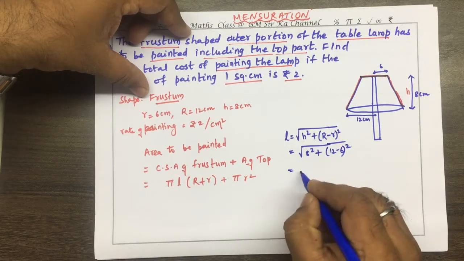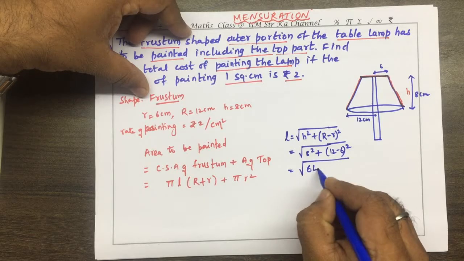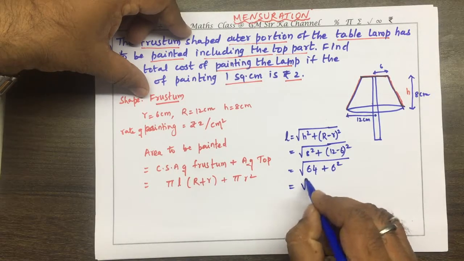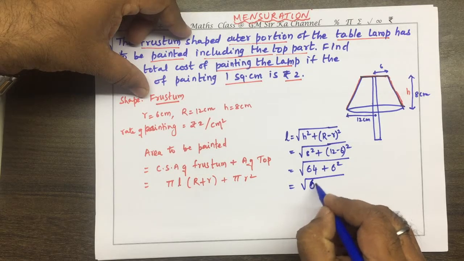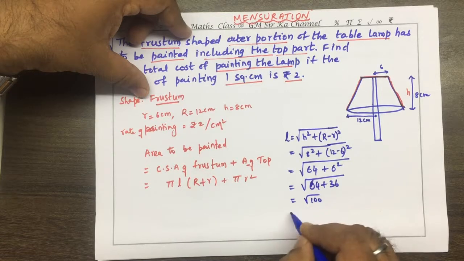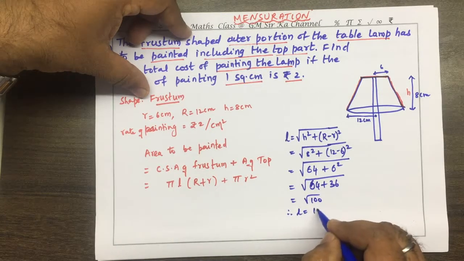Again it is square root of 64 plus 6 square, which is square root of 64 plus 36, square root of 100. Therefore L equals 10 centimeter.